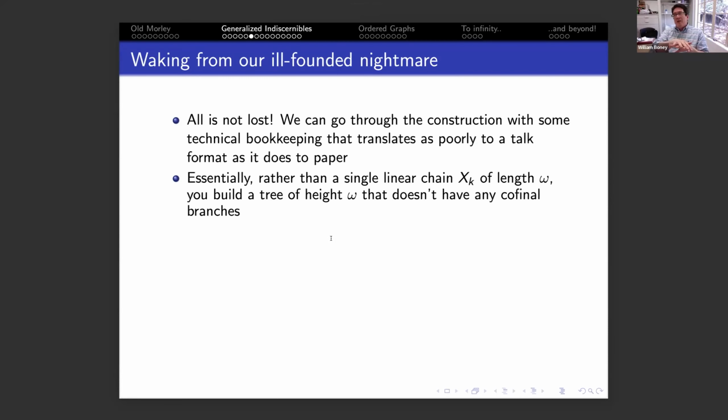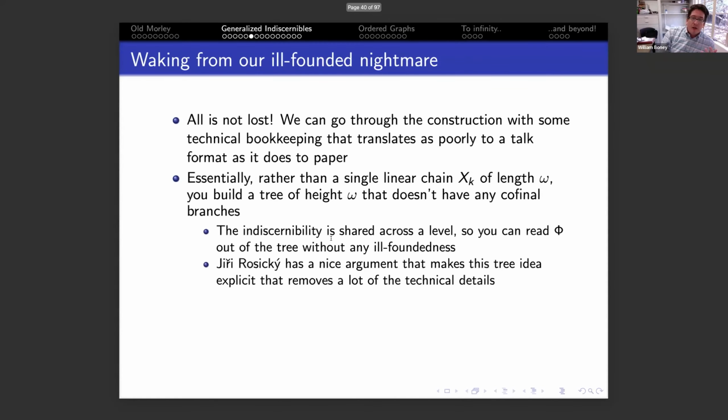All the branches kind of die out, so it's well-founded, but you can get as high up as you want. And there's a lot of bookkeeping here. Actually, Rositsky has this really nice argument that makes this tree idea explicit in a way that gets rid of a lot of the technical bookkeeping.